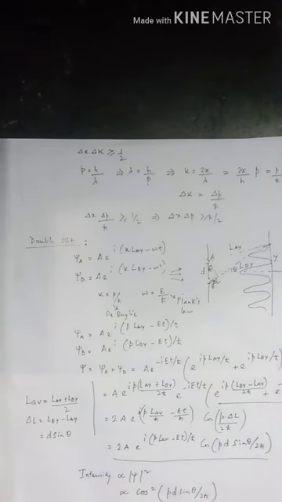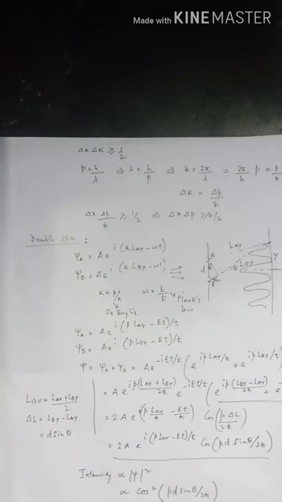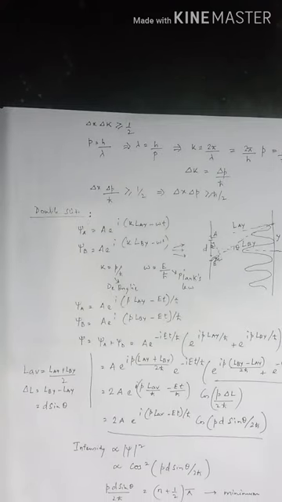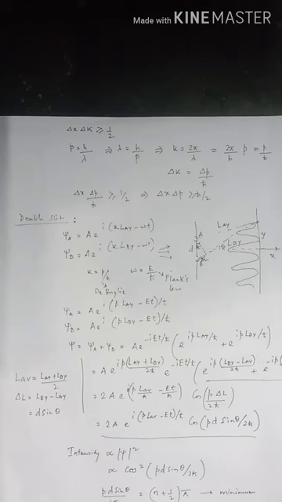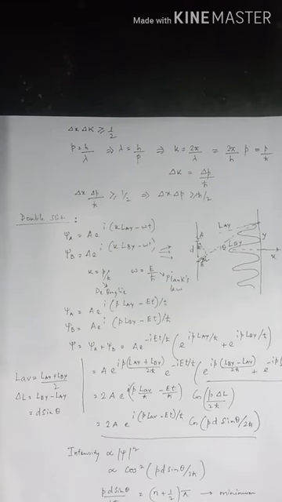These are the minima, and obviously there would be a maximum where it would be an integral multiple of pi, where n is an integer. So the condition of minima is stated over here, and there is a condition of maxima also, as we had already studied this concept in interference phenomena.